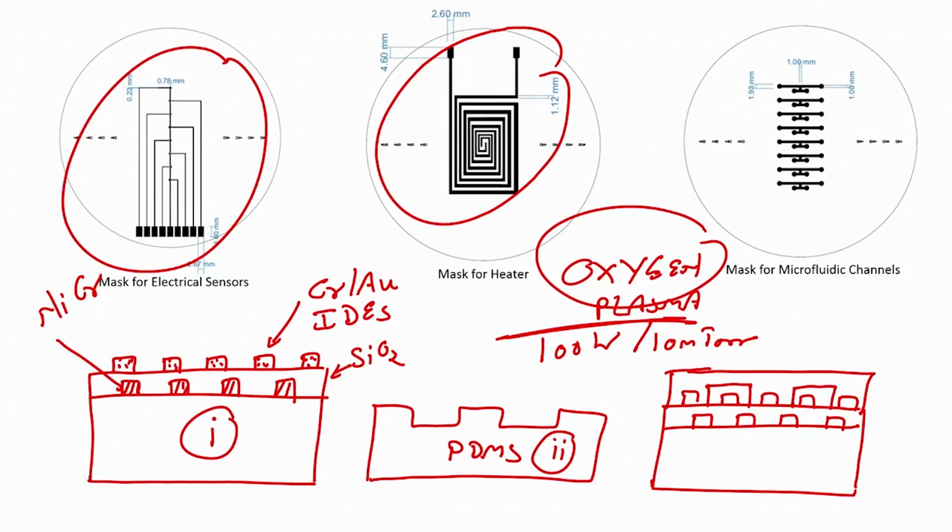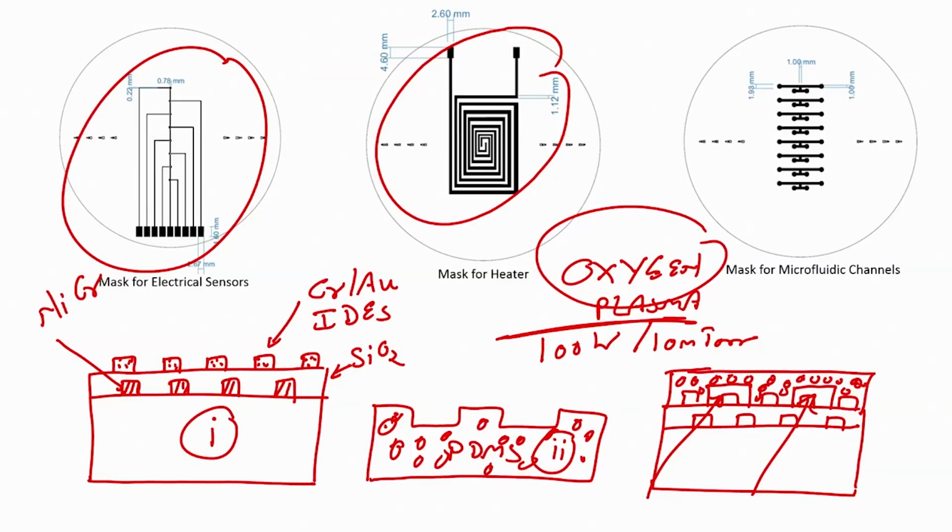I will have a feature like this, because now you see if I draw this with let us say 0 pattern, then you see here where is my PDMS? My PDMS is here, and thus I have a channel. You can see this channel and you can see this channel. So, what I have done is I have stuck PDMS onto the glass substrate which is integrated with a micro heater and interdigital electrodes and separated by a silicon dioxide or an insulator.